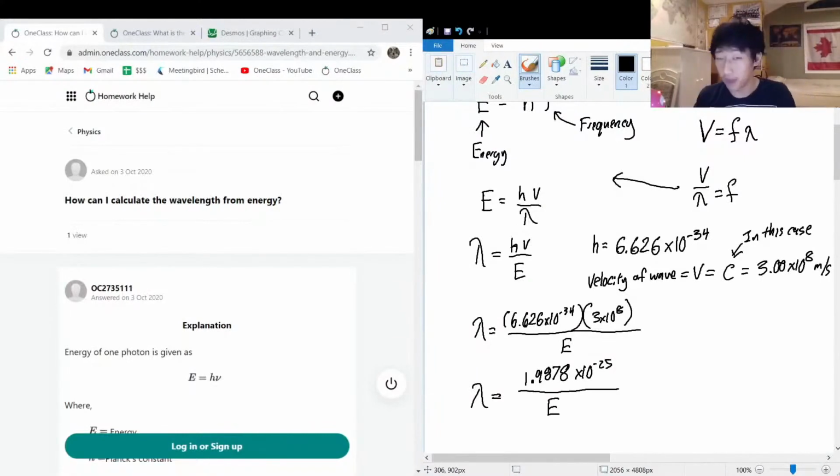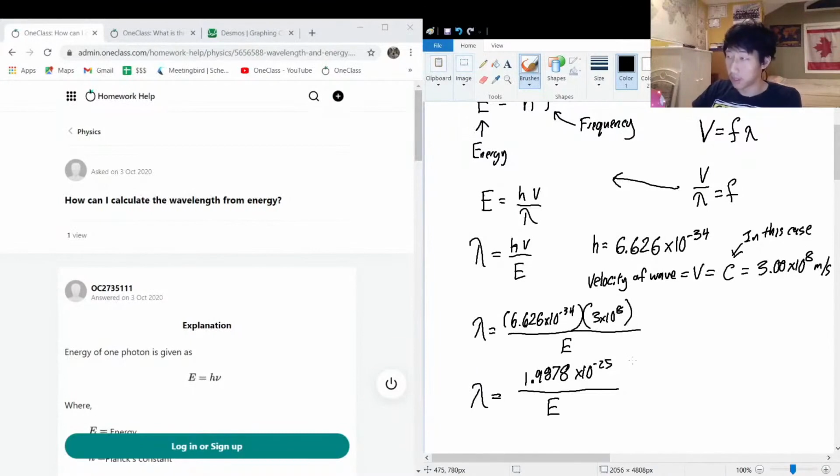So if you have an energy value, let's say your energy is 1 joule, your wavelength would be 1.9878 times 10 to the negative 25 meters.